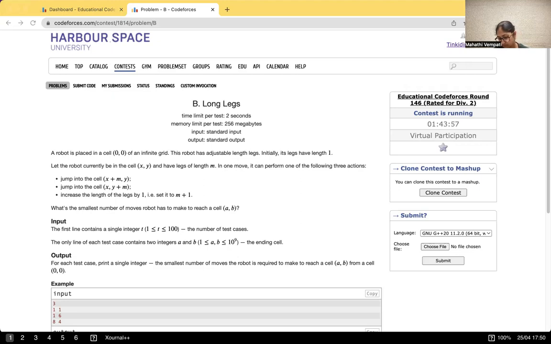So what am I thinking here? What is the initial length of the robot's leg? Oh, 1. Okay. What is the minimum number of moves? 0, 0 to X, Y. You have to cover X with this and Y with this.